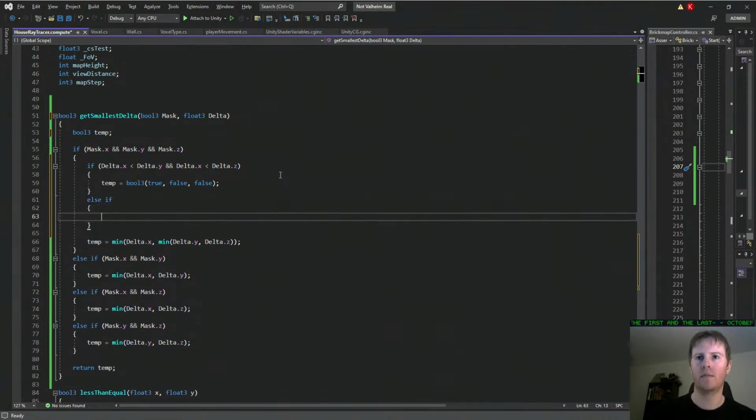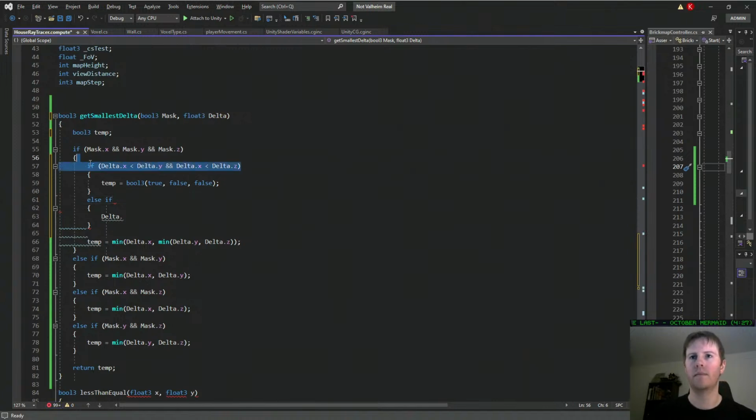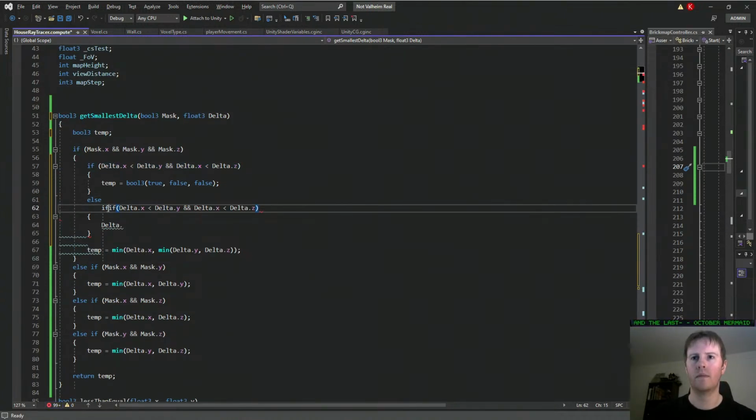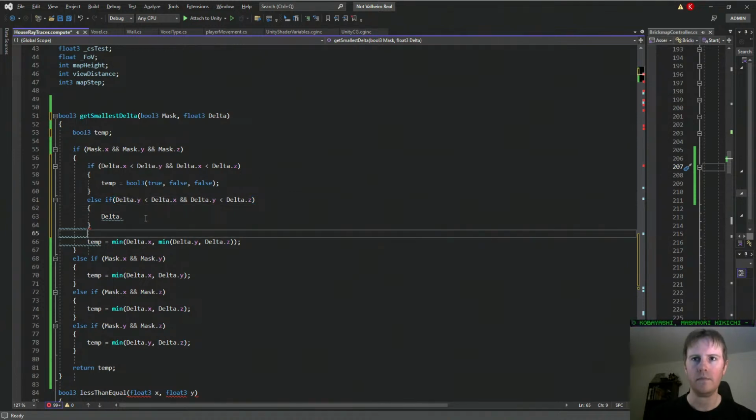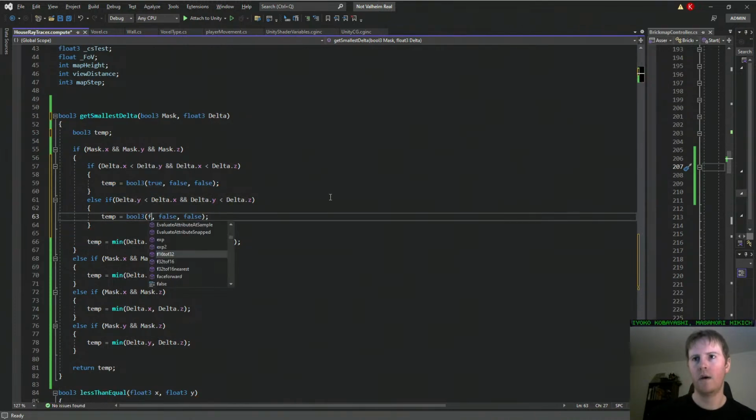Else if delta.y is less than delta.x and delta.y is less than delta.z, false, true, false.